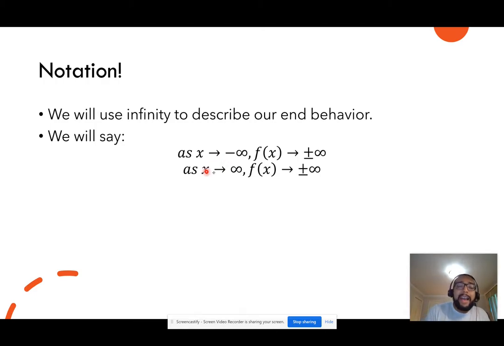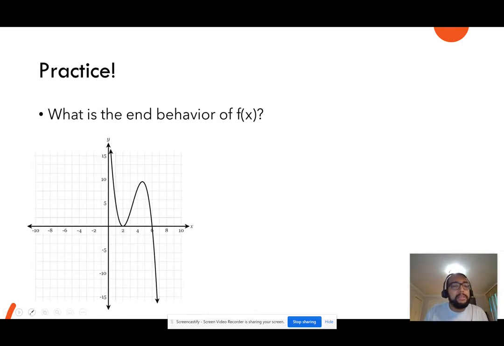Same thing here. As the x values are approaching positive infinity, so as the x's approach the right, or as the tail starts to go to the right, either it will go up or down, depending on what situation I have. So you will literally see me say, as x approaches negative infinity, f of x approaches positive infinity or negative infinity. So let's see some practical examples of this.